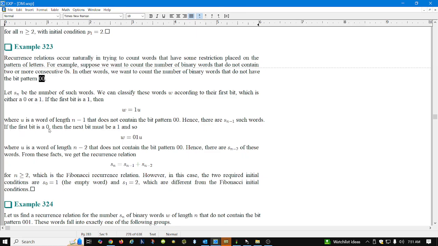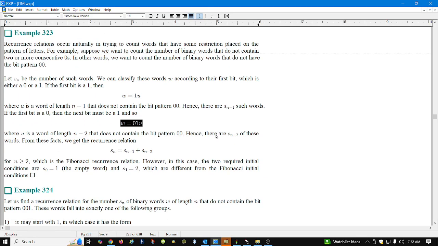If the first bit is a 0, then the second bit has to be a 1, and so the word looks like this, where U is a word of length n minus 2 that doesn't have the bit pattern 0, 0. So there are Sn minus 2 of those. Therefore Sn is the sum of Sn minus 1 and Sn minus 2, and this is good for n bigger than or equal to 2, which is the Fibonacci recurrence relation.